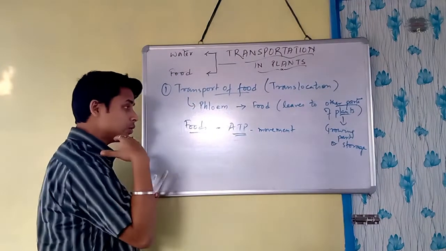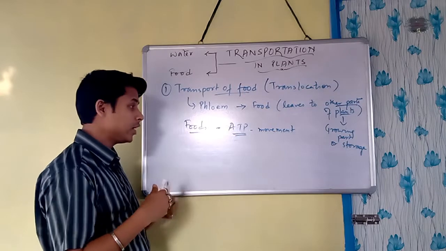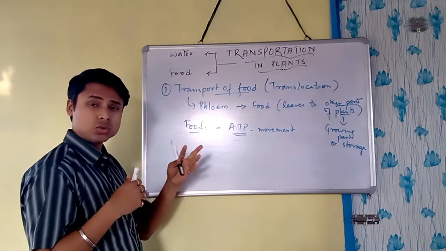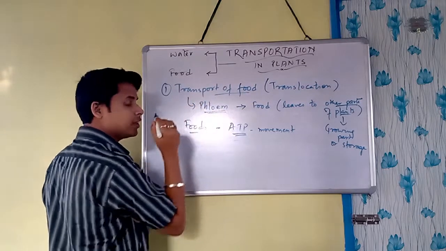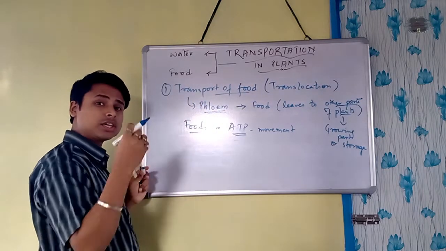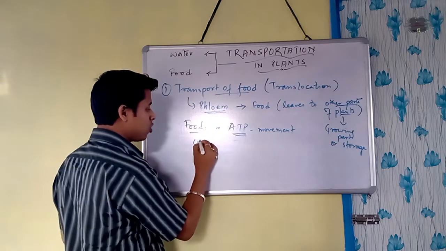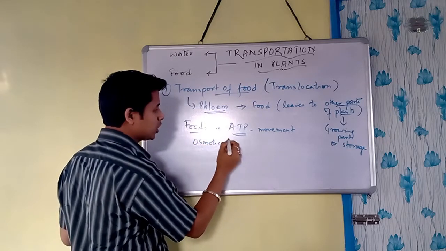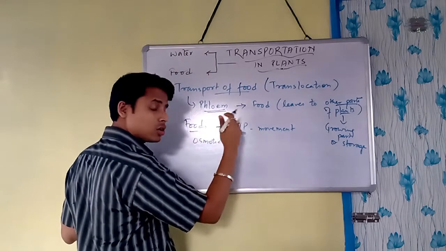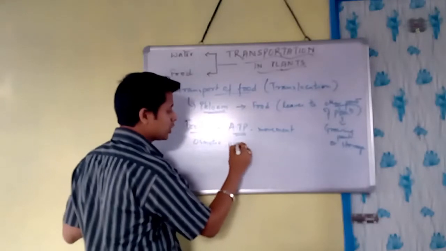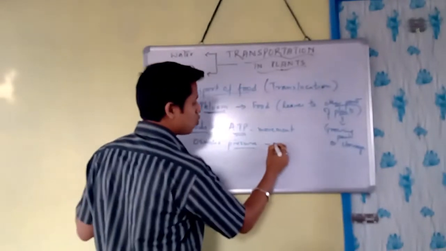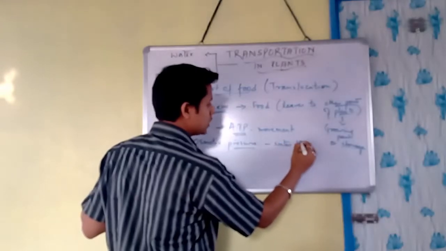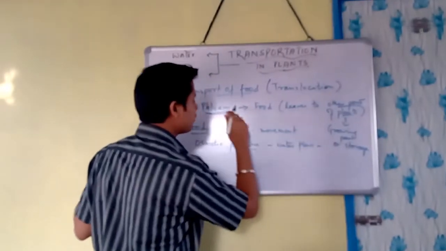Now, when the food uses the ATP for the movement, what happens in the phloem? In the phloem, the water enters, right? It creates osmotic pressure with the help of ATP. When it causes movement, osmotic pressure increases inside the phloem, and because of this, water flows in the phloem.